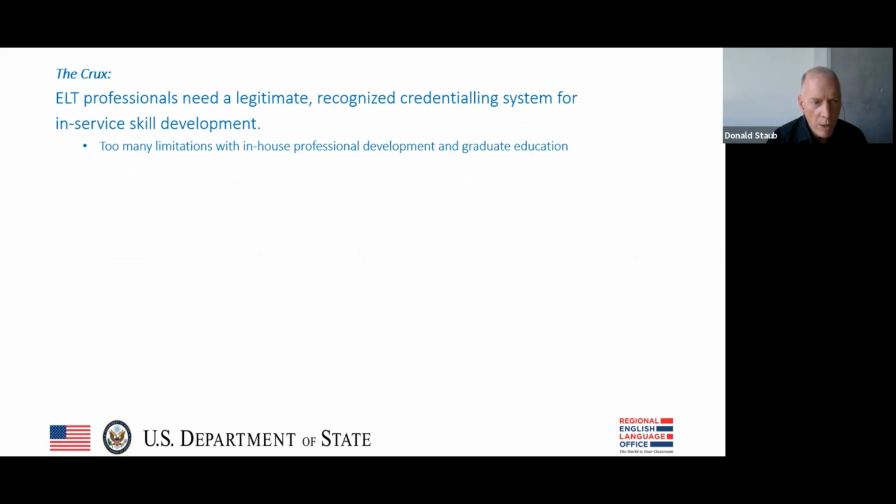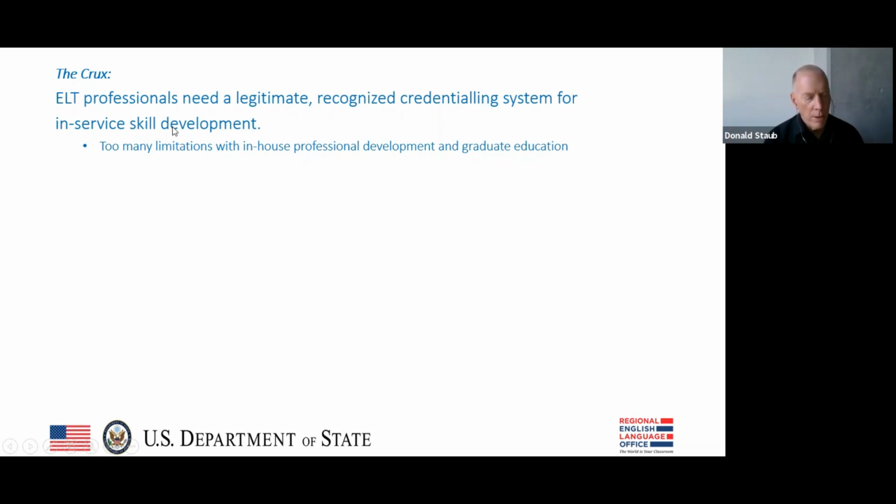Well, where we are going is that in all of our lives these days the credentialing systems are changing, whether you're talking about high school students, university students, or professionals, and things are becoming more digital. And we need a recognized credentialing system for the professional development activities that we're participating in, particularly if they are competency-based, meaning that we actually learn something, we apply it, and we reflect upon that.